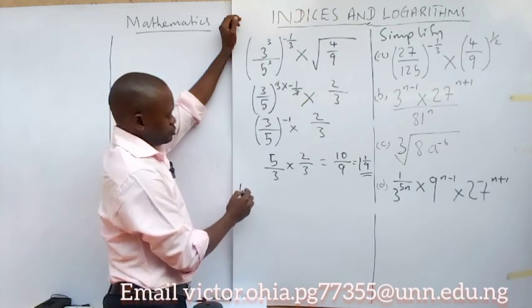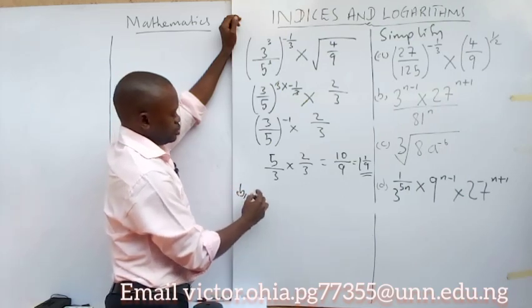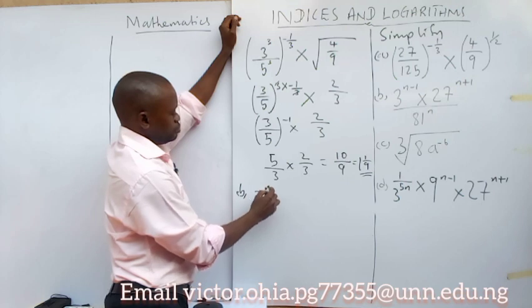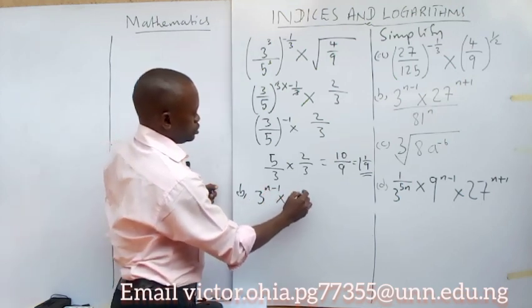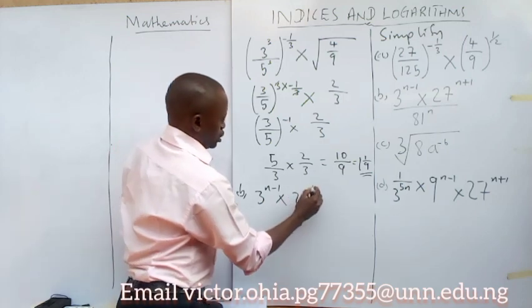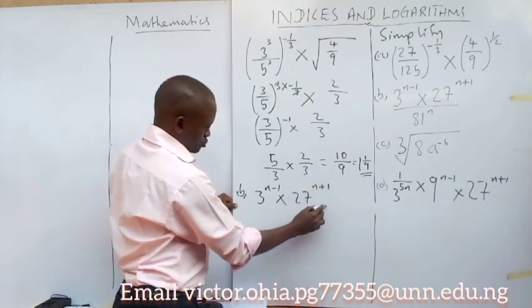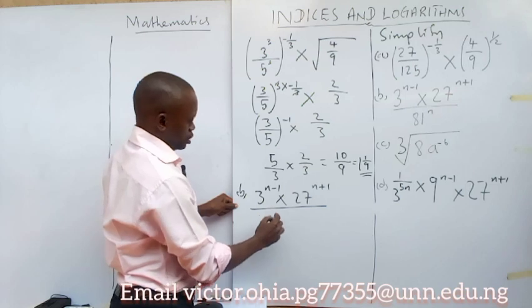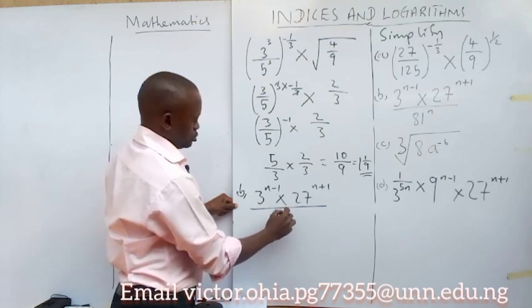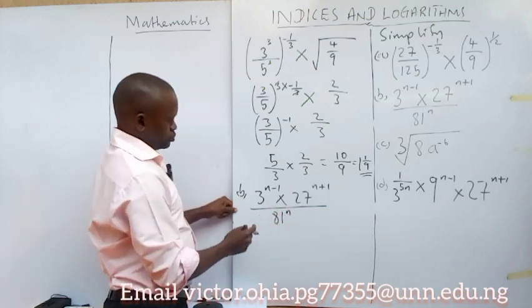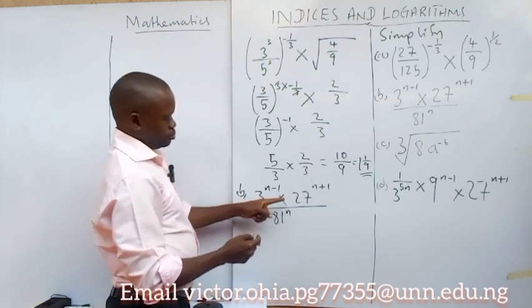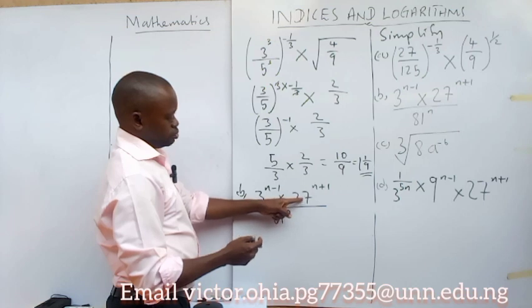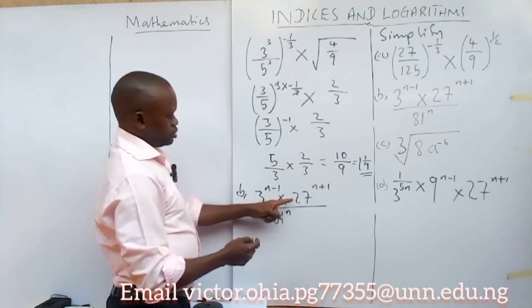So the second one that says 3 raised to power n minus 1, okay, times 27 to the power n plus 1, all over 81 to power n. So there's nothing to worry about on this, but we have to touch it a little bit, okay, so that the bases are equal.